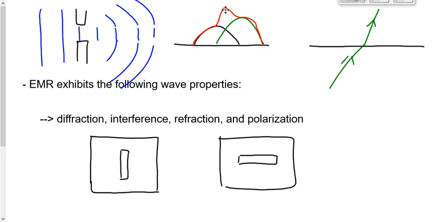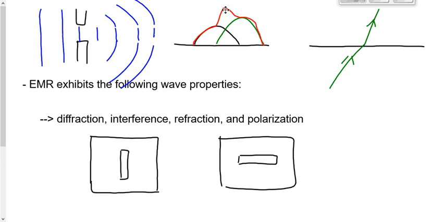If I have this one and look at the light, I can see it, although it's vertically polarized. I have this one, I look at it, I can see it, it's just horizontally polarized. But if I put them both together such that one is horizontal and one is vertical, the front one filters out everything but the vertical, the back one filters out everything but the horizontal. What are we left with? Nothing.